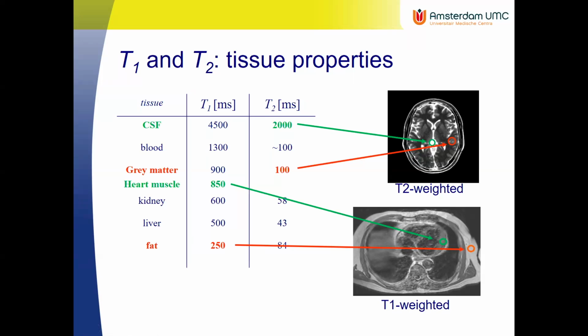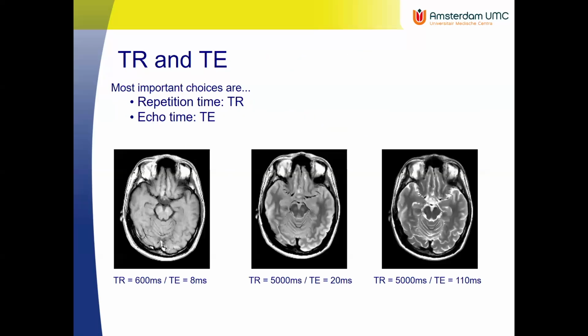So the contrast, we now already learn, is kind of opposite between the T1 and the T2 weighted image. A long T2 is bright on T2 weighted images, and a long T1 is apparently darker on T1 weighted images. Okay, I'll explain later how that works.